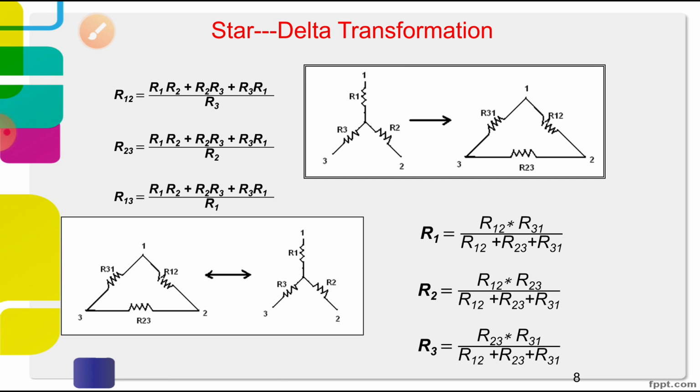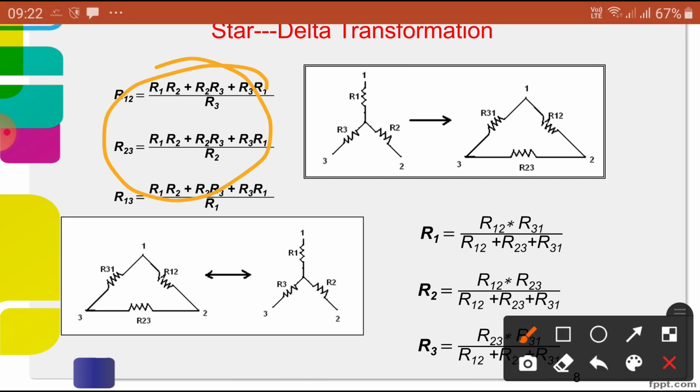These are the basic conversions, how star to delta, delta to star conversion takes place, and with the help of simple manipulation of circuits, the same equivalent resistors we are going to get. Okay, so today we are going to stop here, and based on these formulas we are going to do some values.